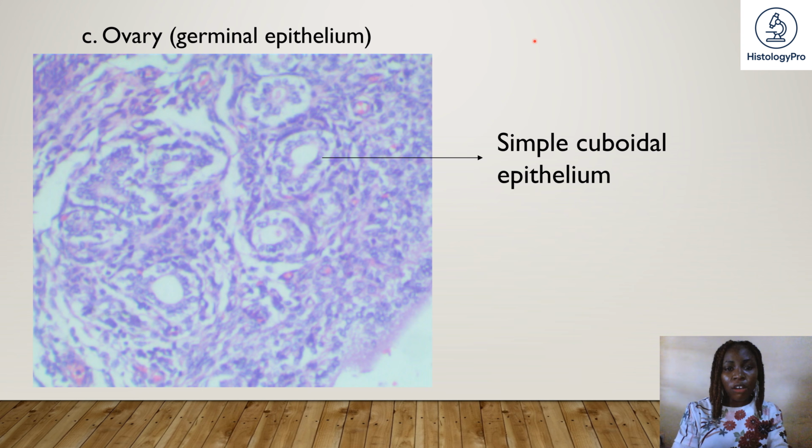Then the cell shape is cuboidal, that means their height is approximately equal to their width. The nuclei are round, as you can see, and centrally placed, which is visible in the epithelial cells surrounding each lumen. So this shows how simple cuboidal epithelium looks.